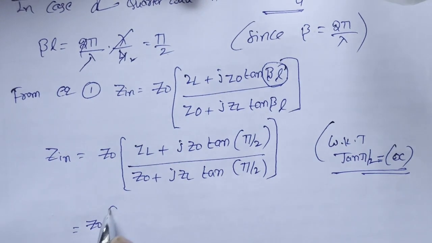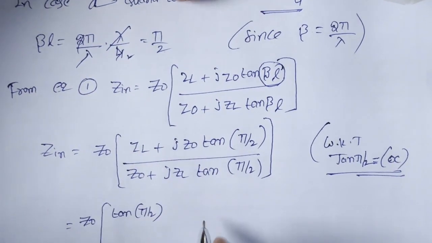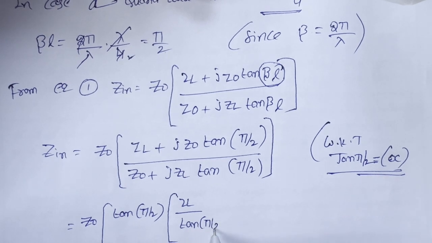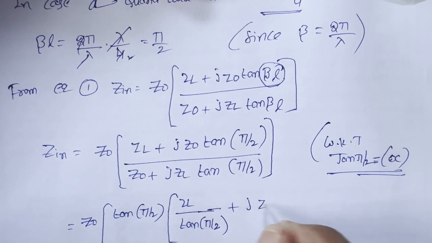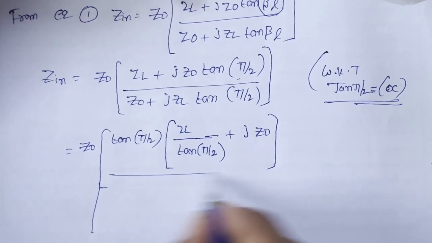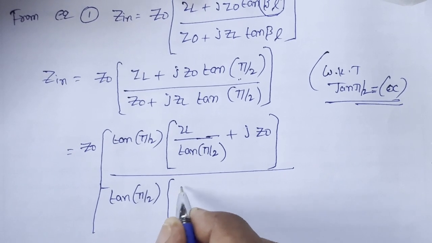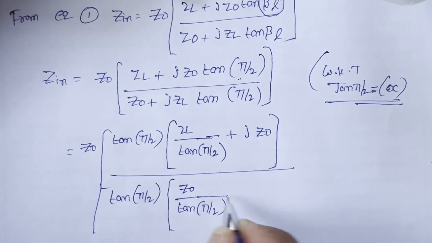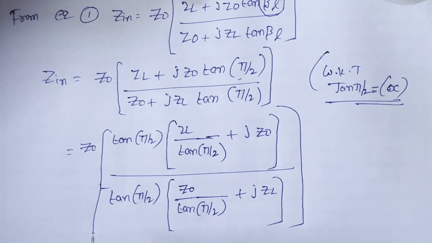Then Zin is equal to Z0 into, by taking tan pi by 2 as a common term, ZL by tan pi by 2 plus jZ0, whole bracket, and similarly from the denominator, tan pi by 2 as a common term, then it will become Z0 by tan pi by 2 plus jZL.